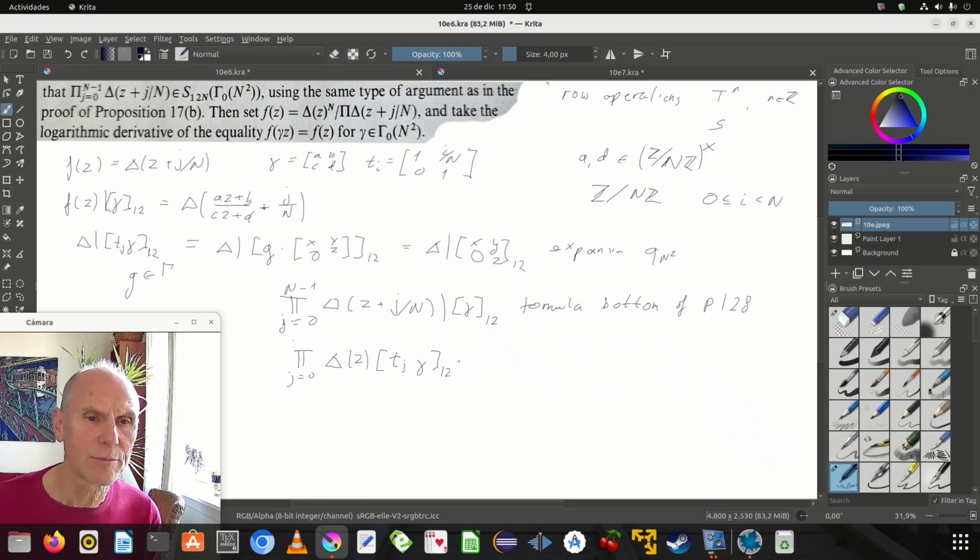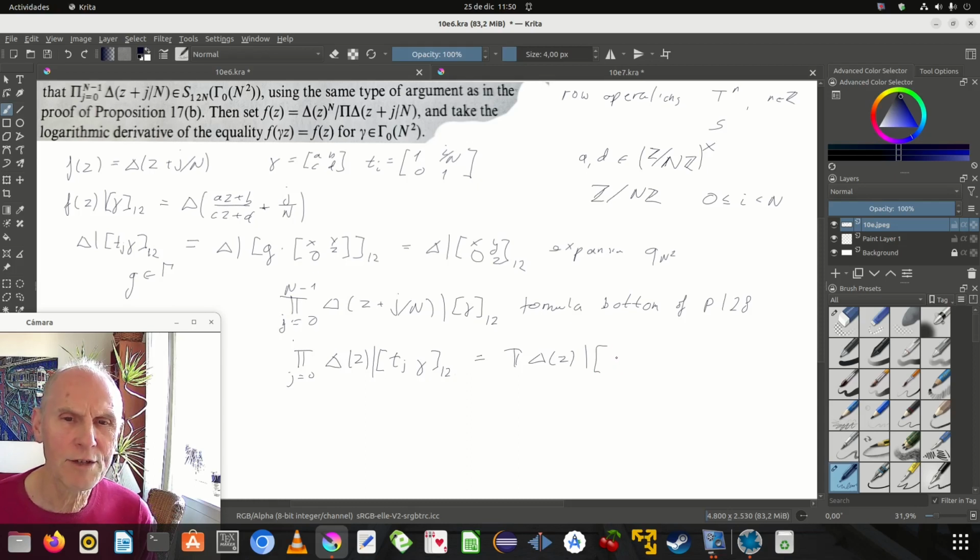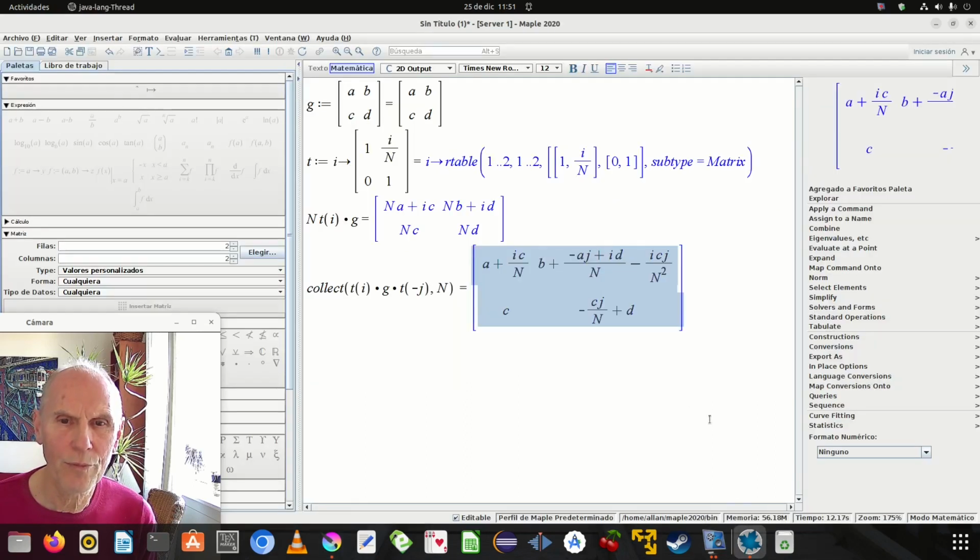And now the point is that each one can be written as sum G depending on J, times G. I'll just write it.